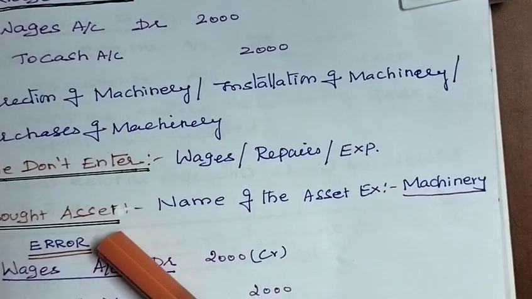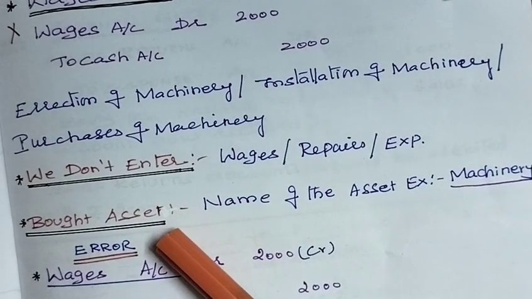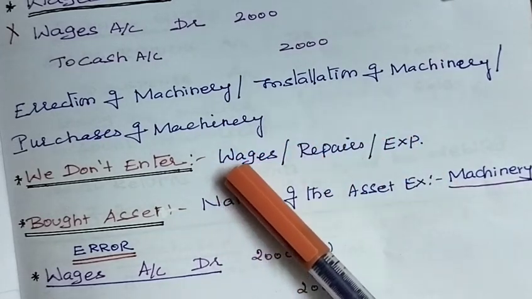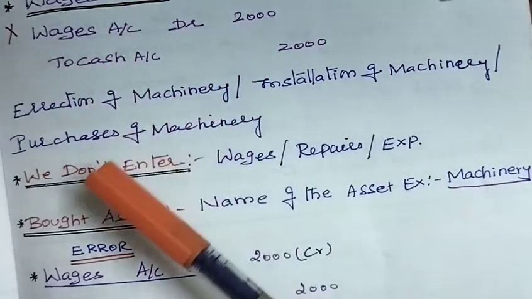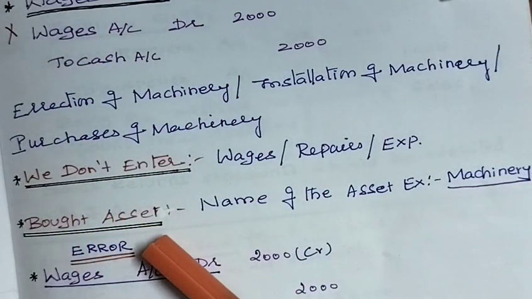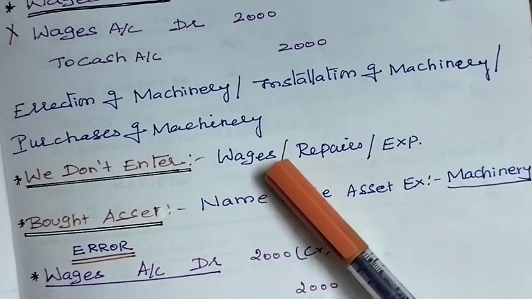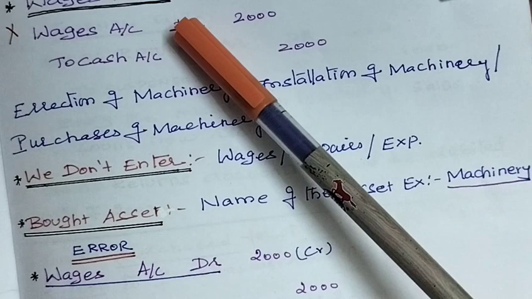When you purchase an asset, you don't enter the expenses name into the journal entry.